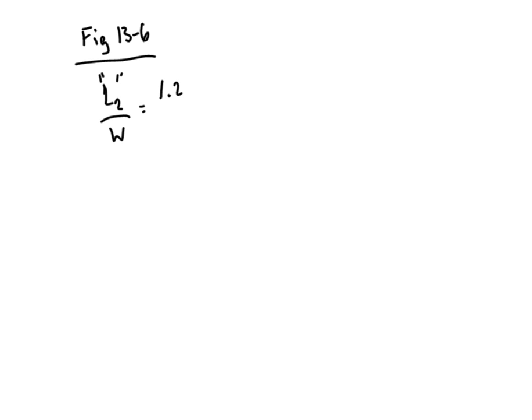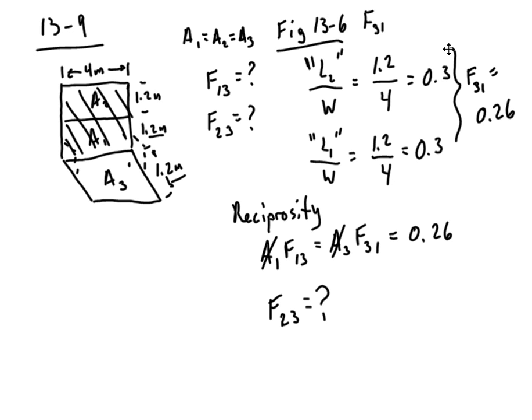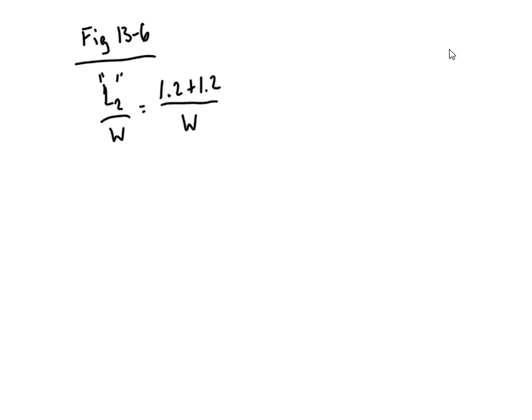So 1.2 plus 1.2 divided by W, because now our L2 is this dimension, which is 2.4, and W is 4.